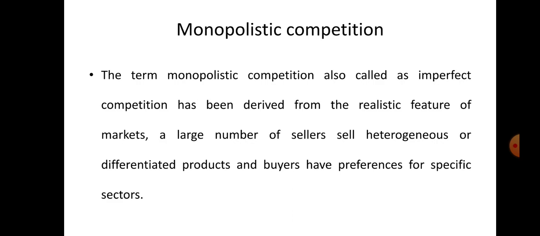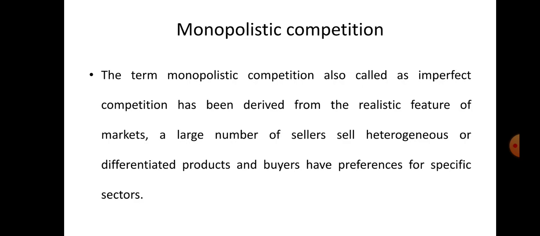Coming to the next type of competition, that is monopolistic competition. The term monopolistic competition, also called imperfect competition, has been derived from the realistic feature of markets, that is a large number of sellers sell heterogeneous or differentiated products and buyers have preferences for specific sellers.